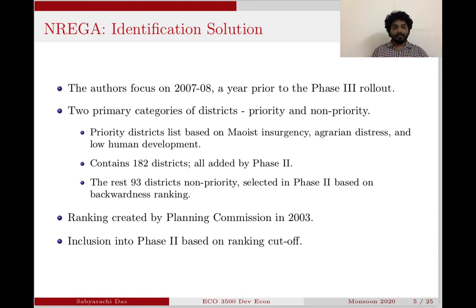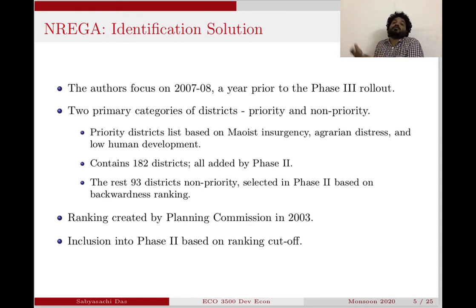When the government had to decide which districts to introduce in phase 2 apart from the priority districts, the priority districts left to be added after phase 1 were fewer than the total number of districts they wanted to add, so they had to select some non-priority districts as well.